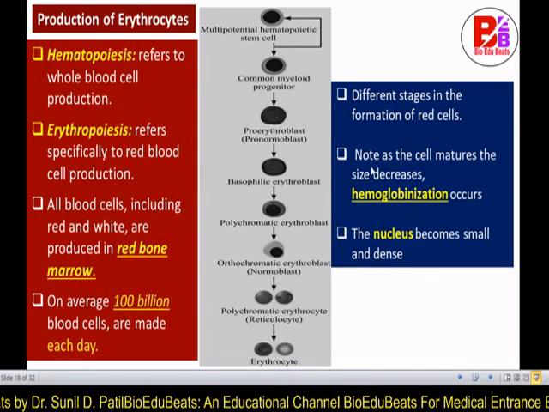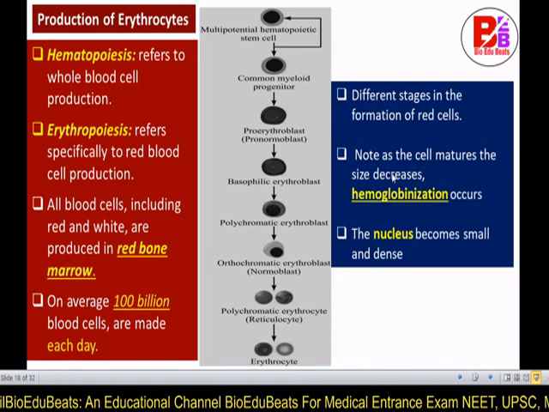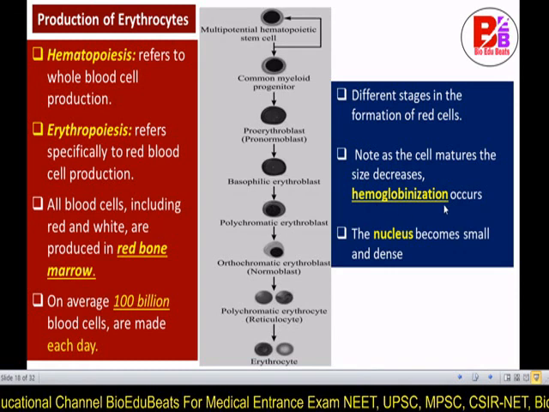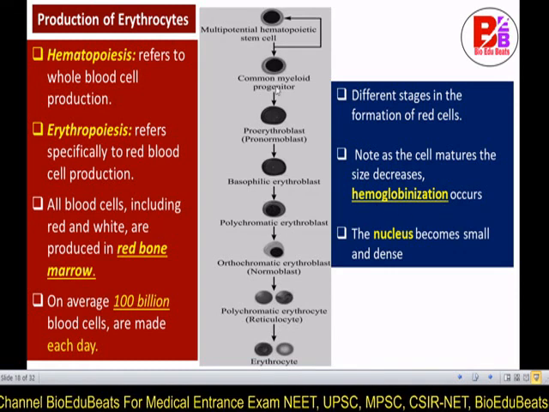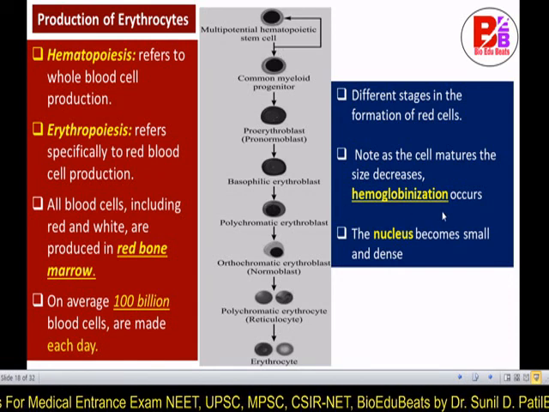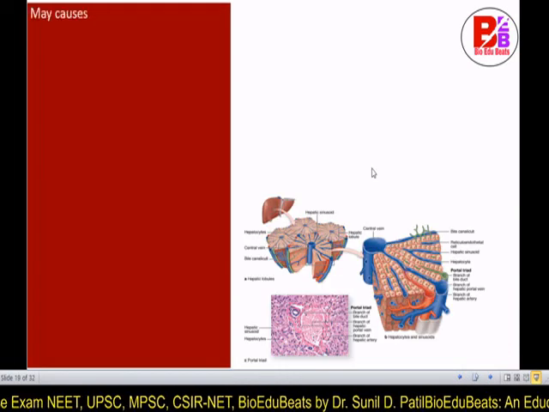These are different stages of formation. As the cell matures, the size decreases. It is called hemoglobinization: the cell decreases in size, the nucleus becomes small and dense and disappears.